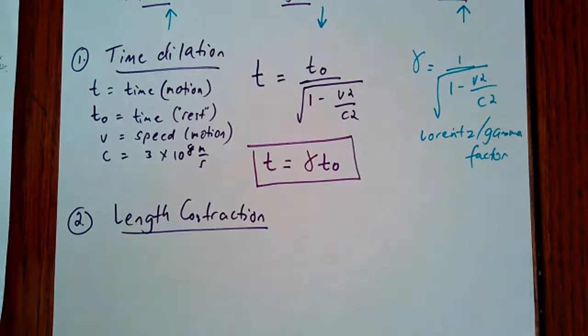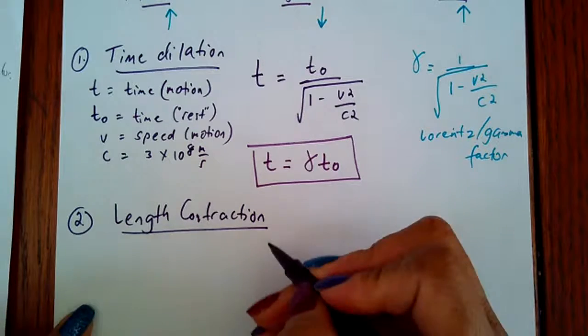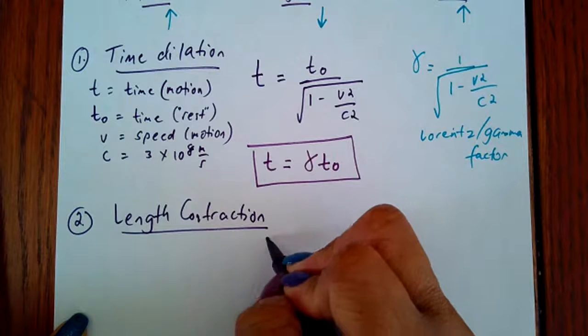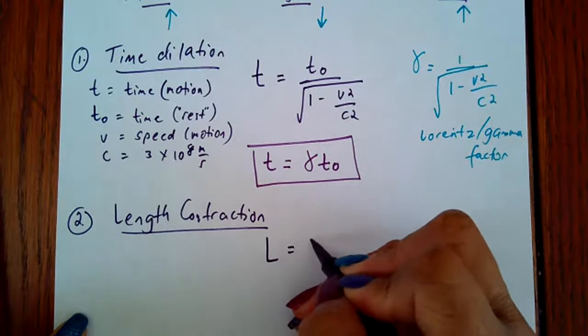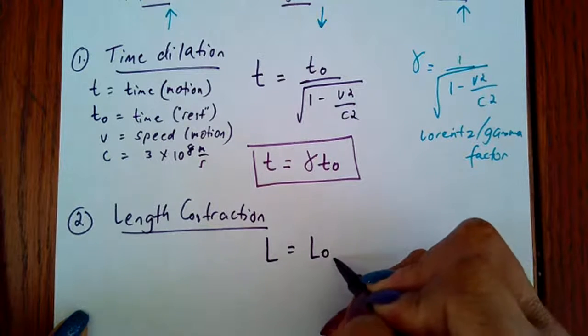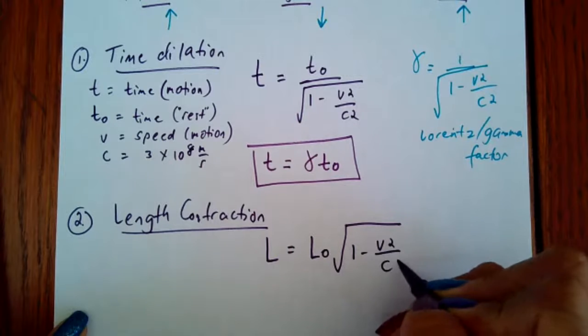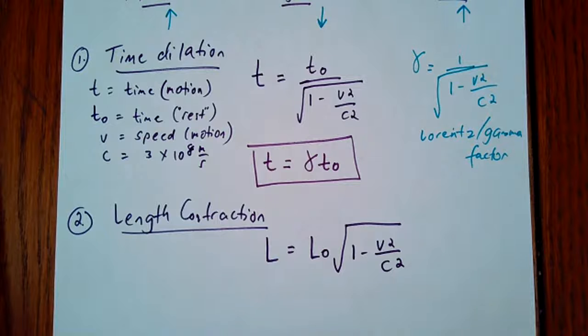When you look at this meter stick as it comes in front of you, it will actually appear to be shorter, to be less than 1 meter length, because it is traveling very fast. What happens with the length is that the length will decrease, and the formula is L equal to L naught times the square root of 1 minus v squared over c squared.